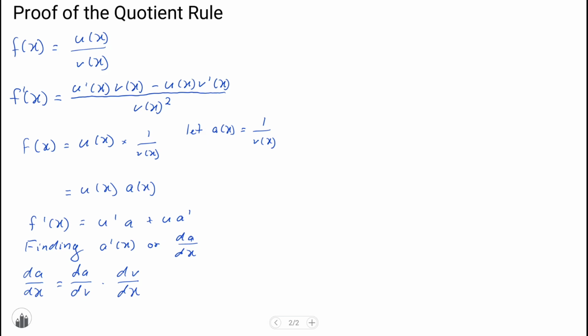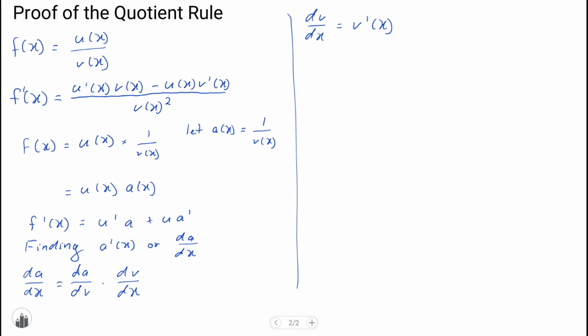So basically all we have to do now is find the derivative of a with respect to v, and then find the derivative of v with respect to x. Well, from here we can take a little bit of a shortcut because we already know dv dx, right? Because we know dv dx is just the derivative v dash of x, like that. And we can leave it like that, because right now all we really want is a symbolic expression for our derivative.